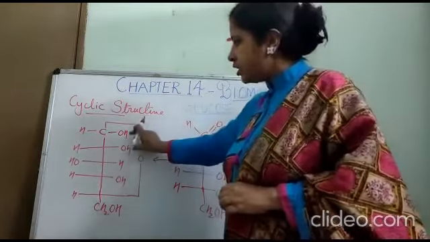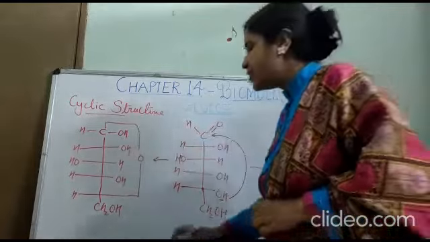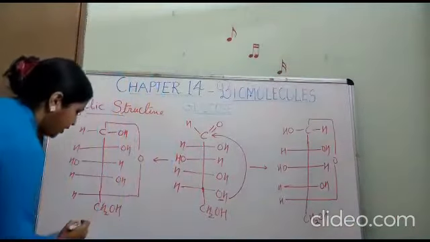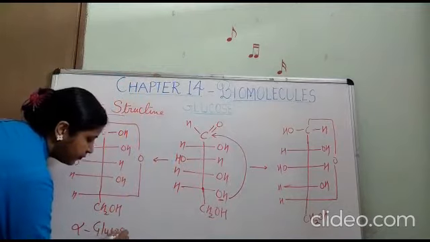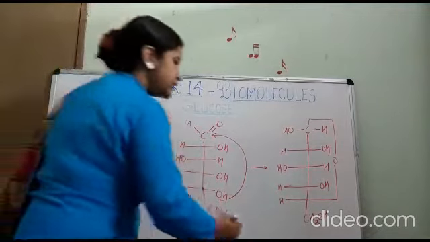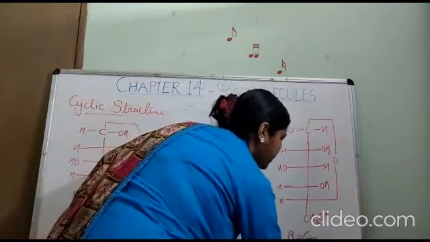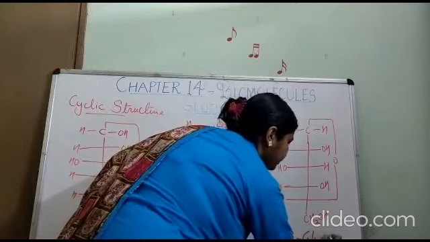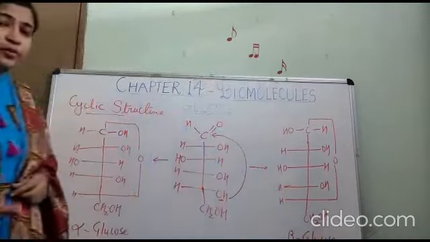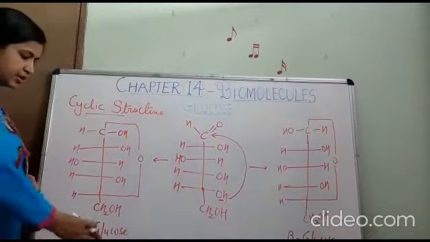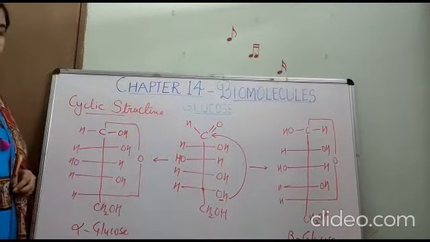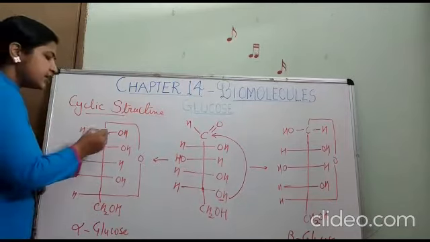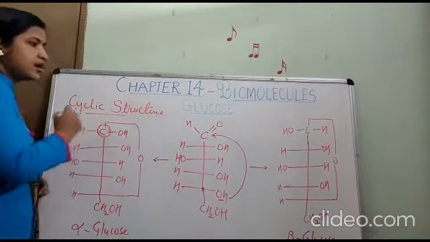This structure where these two OH are on the same side is known as alpha glucose. And the other one is known as beta glucose. If you compare both structures, the only difference is in the configuration of this carbon.